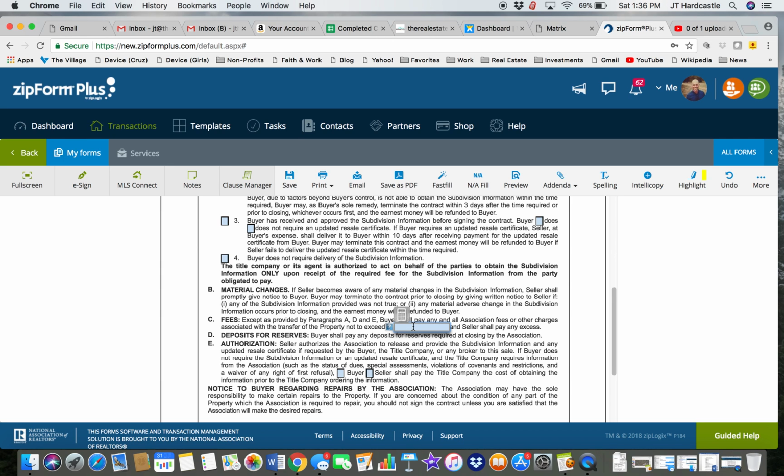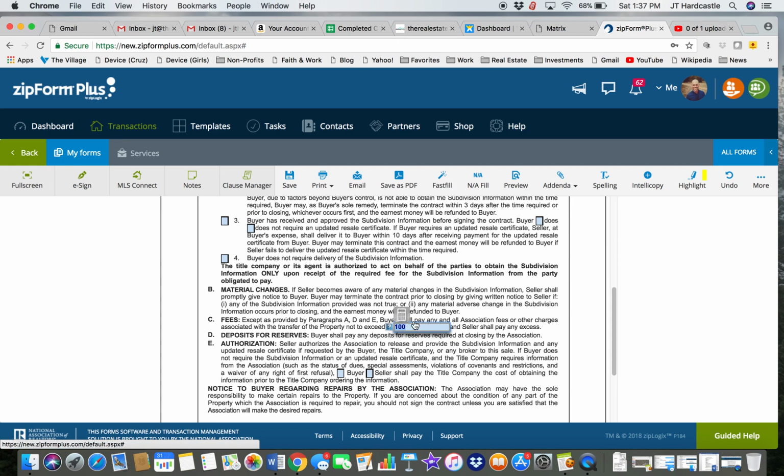So you're saying that our buyer will pay $100 and the seller will pay any excess of whatever fees are charged. So if there's a $250 fee charged by the HOA, your buyer will pay $100 and the seller will pay $150. I generally put 100, sometimes I see 50, 150.